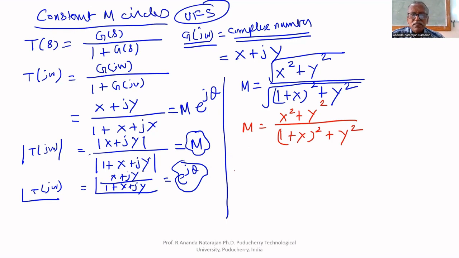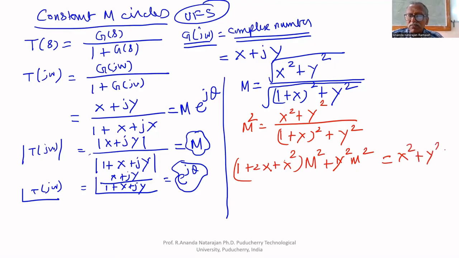If you cross multiply this, what will you get? 1 plus x whole square is 1 plus 2x plus x square, multiplied by M square, plus y square M square, equal to x square plus y square.